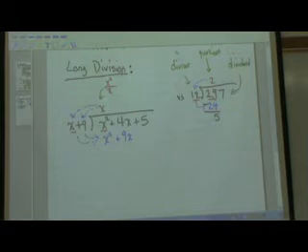Same move over here, but you're going to subtract this entire x squared plus 9x. Since you're subtracting it, you have to change the sign on every term. So when you come over here to subtract, change all your signs and then combine.